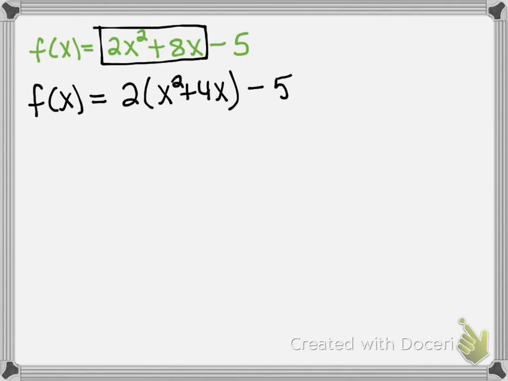What I'm going to do first is ignore the positive 2 that I have now factored out and the minus 5, and then within those parentheses, to the x squared plus 4x, we will now complete the square.